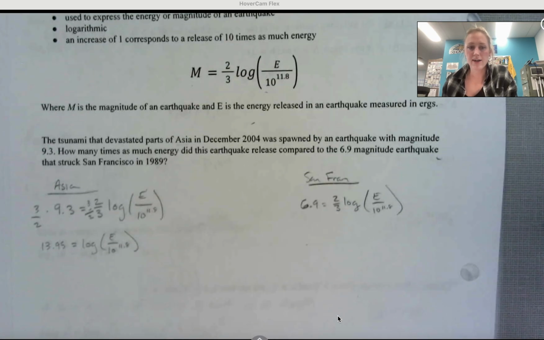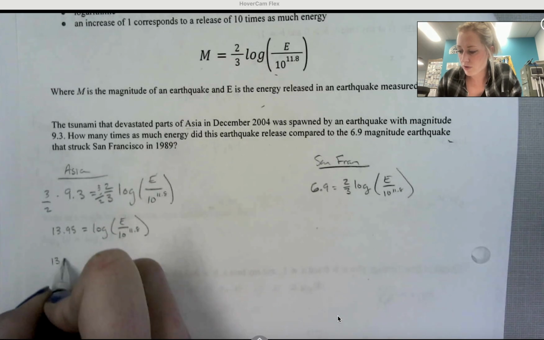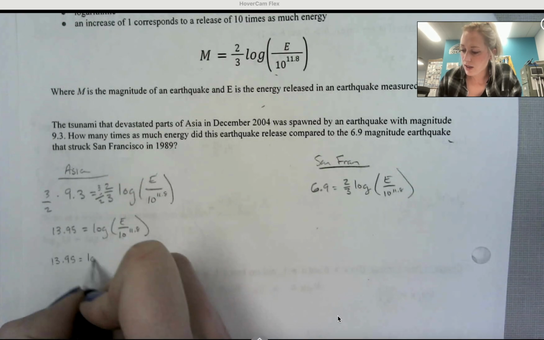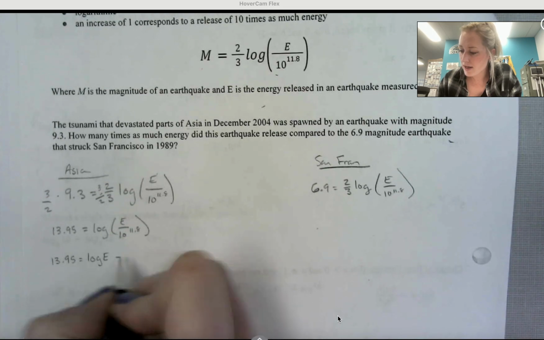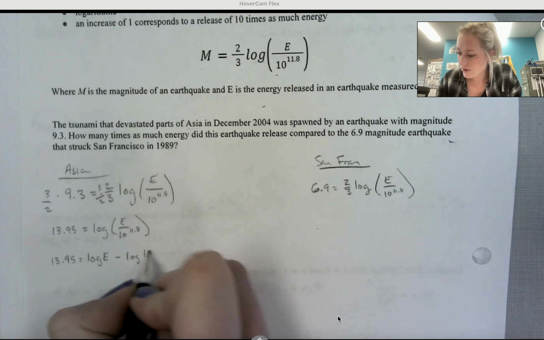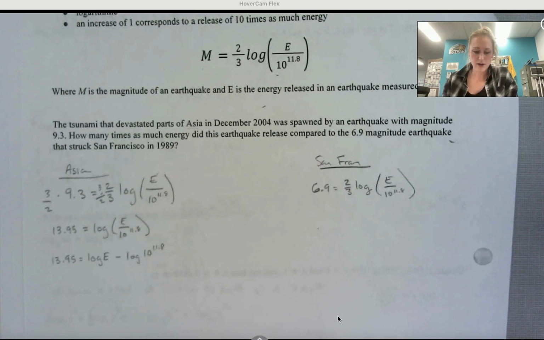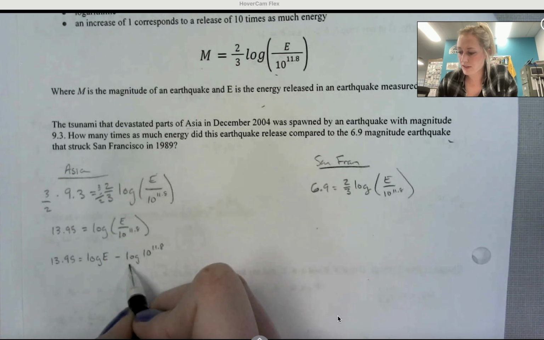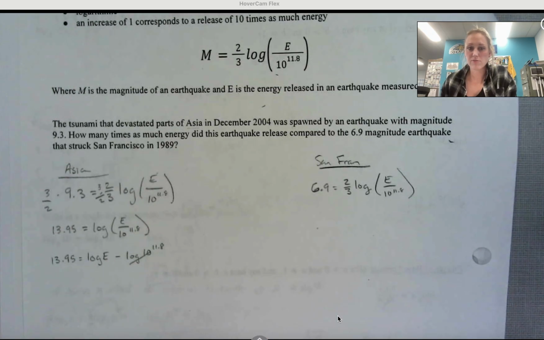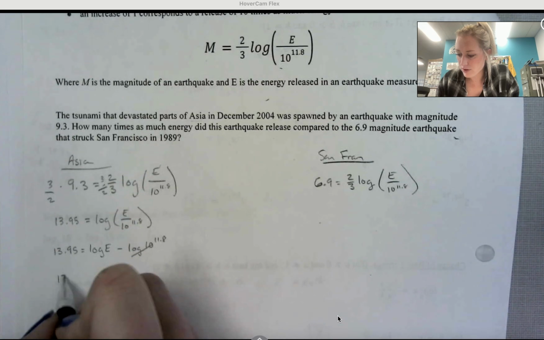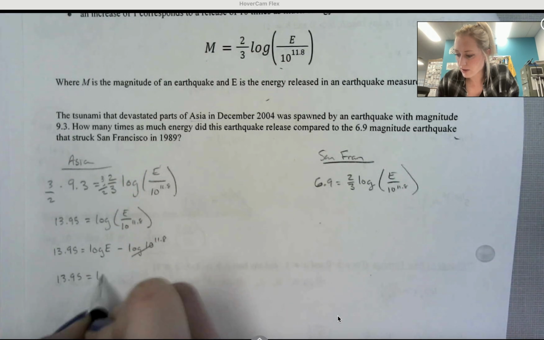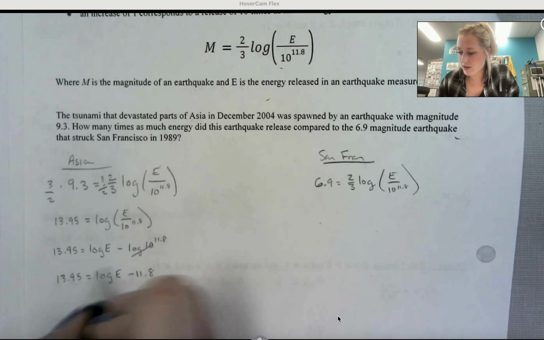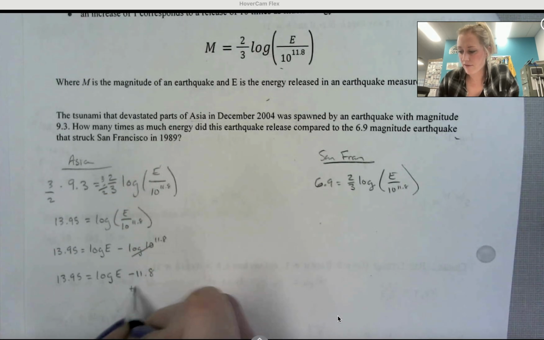Remember, division I can split into subtraction. So we're going to do 13.95 equals log of E minus log of 10 to the 11.8. Remember, this is log base 10 when there's no subscript. So log base 10 and exponential of base 10 cancel. We're left with 13.95 equals log of E minus 11.8.